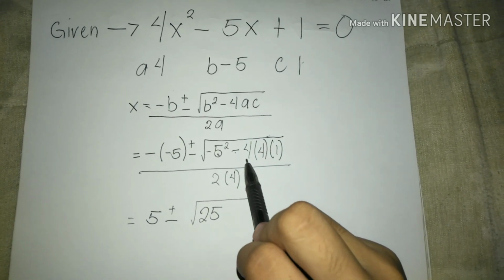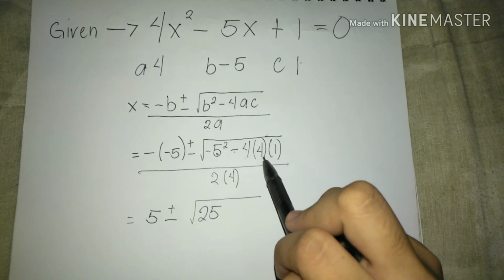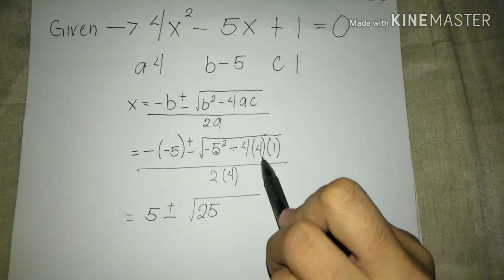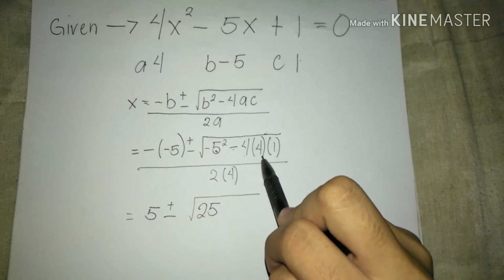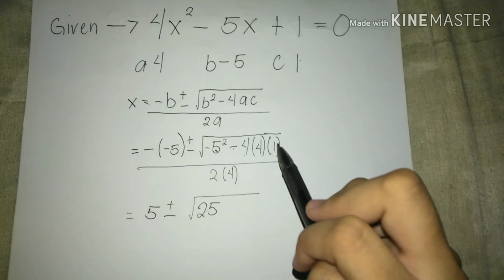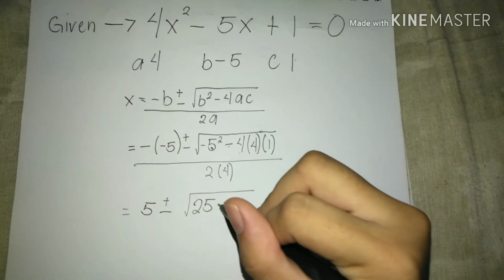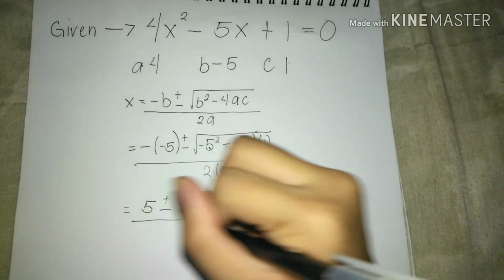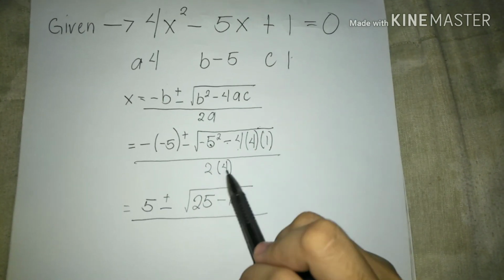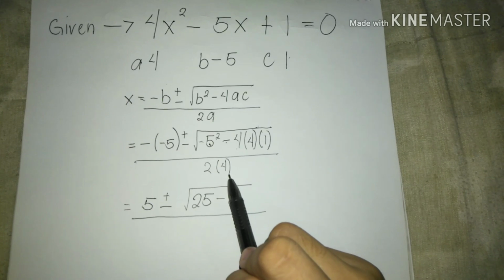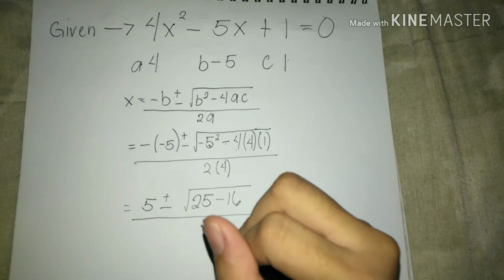Negative 4 multiplied by positive 4 is equal to negative 16. Negative 16 times positive 1 is equal to negative 16. Over 2 multiplied by 4 is equal to positive 8.